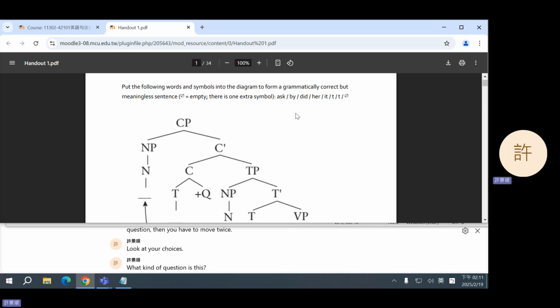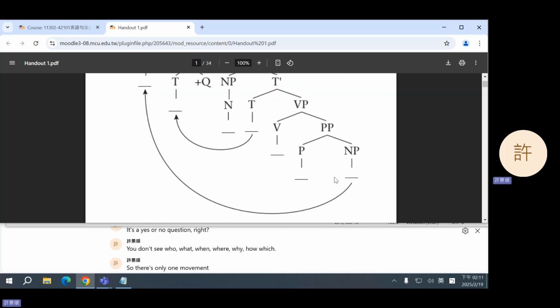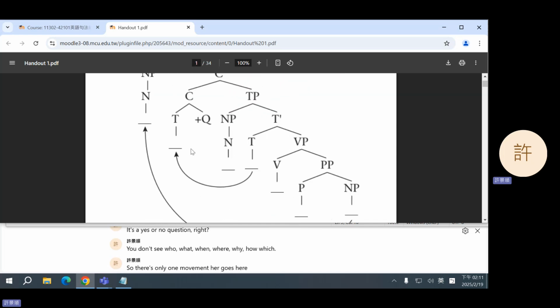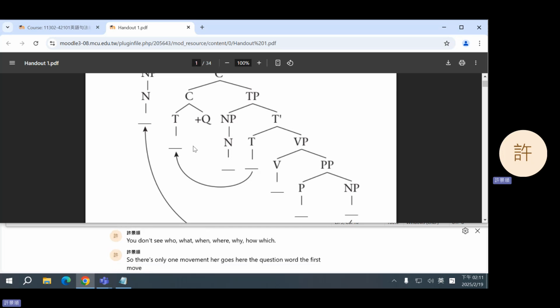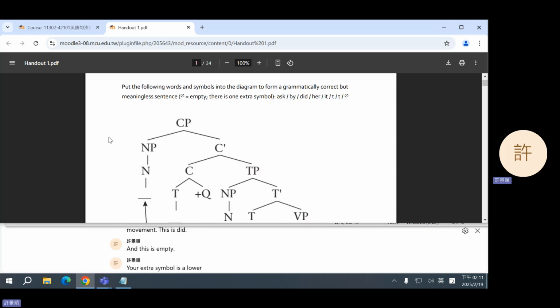It's a yes or no question, right? You don't see who, what, when, where, why, how, which. So there's only one movement. Her goes here. The question word, the first movement, this is did, and this is empty. Your extra symbol is a lowercase t.